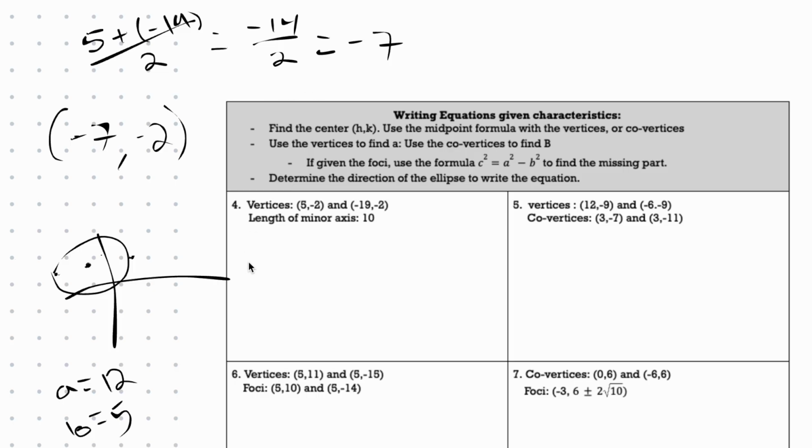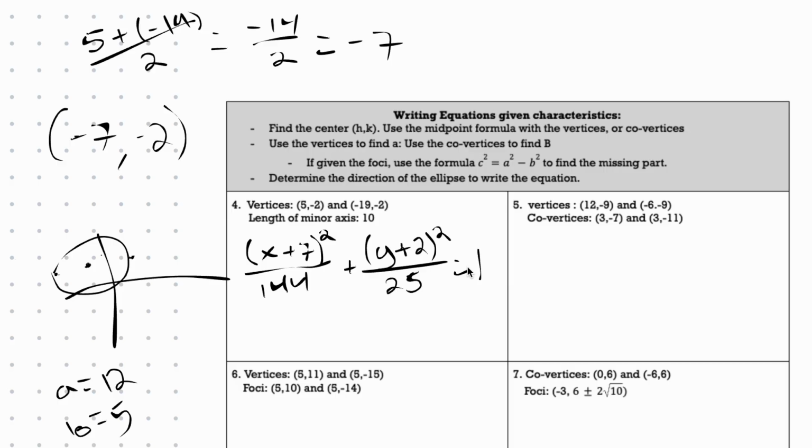So we're going to have x minus -7, so x plus 7 squared over a squared, which is 144. And then y minus -2, which is the same thing as saying plus 2, squared over our b portion, b squared. That's going to be 25. And that's all going to be equal to 1.